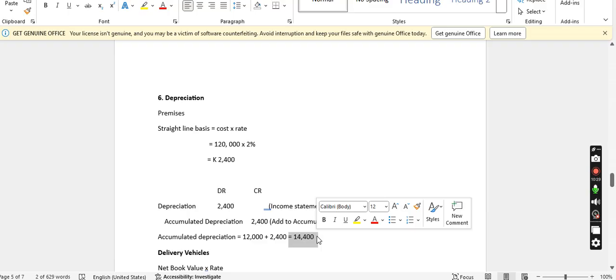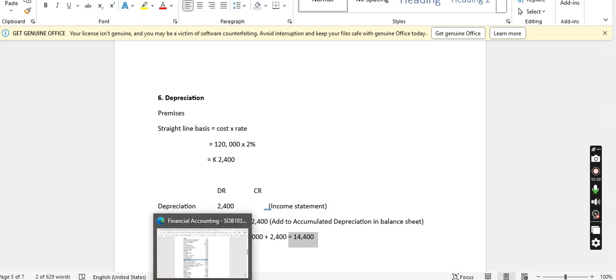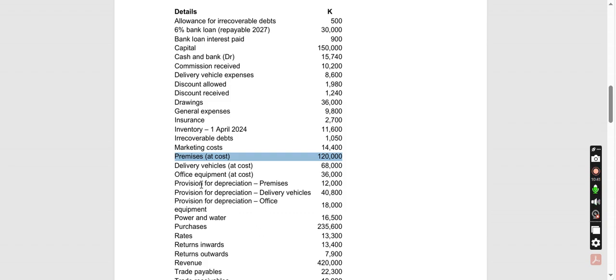This is the accumulated depreciation you're going to see in the balance sheet. Yes, this 12,000 was in our information here, provision for depreciation premises 12,000. Then we've calculated the depreciation expense for that year 2,400. So we're adding the 2,400 to this 12,000.